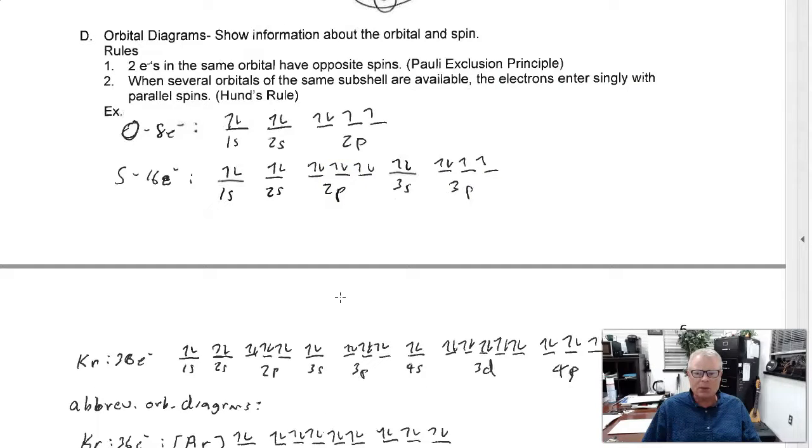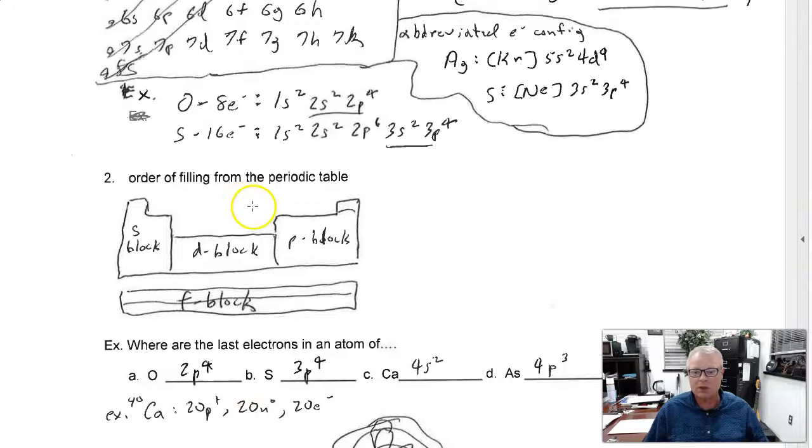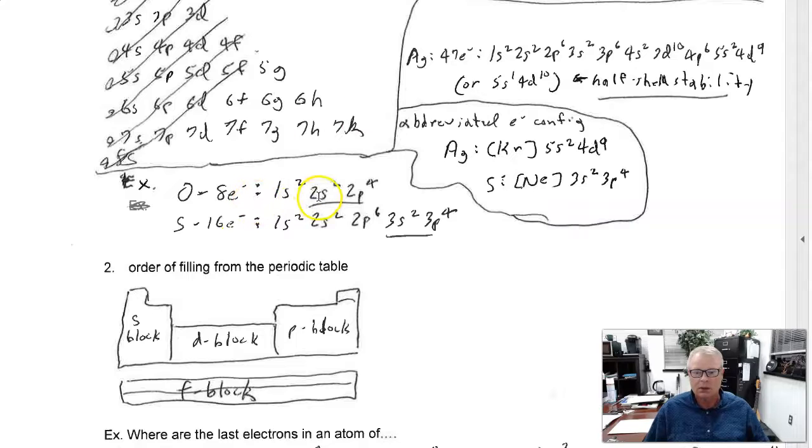So let's talk about orbital diagrams here very quickly. Orbital diagrams are like electron configurations kind of on steroids. They show information about the energy shell and the subshell, which is what electron configurations do. See, look, here's your electron configuration. Energy shell 2, subshell s.